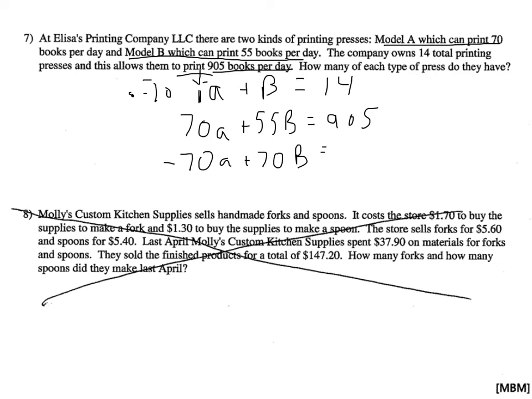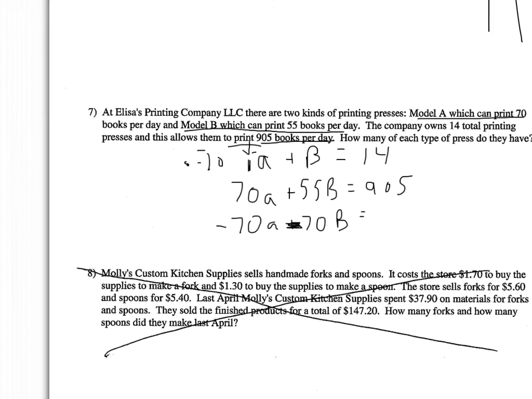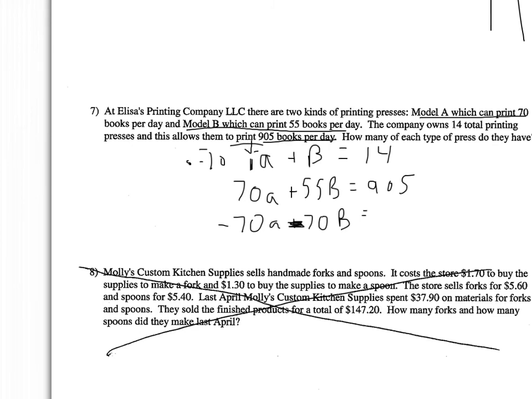That is another mistake. So I apologize. It should be negative 70a minus 70b, and then if you multiply negative 70 times 14, you should get negative 980.